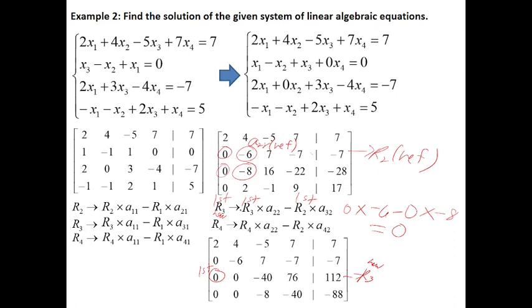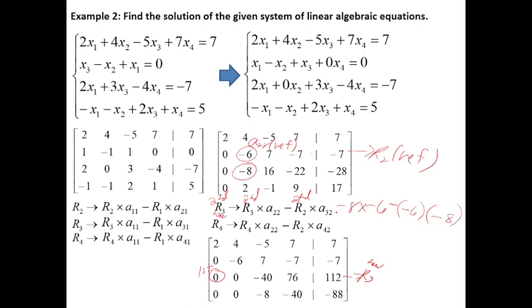And then, yung second, so R3, second element, negative 8, A22, negative 6, R2, second element, negative 6, A32, negative 8.